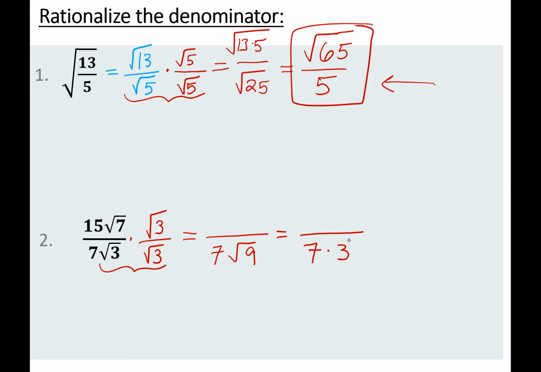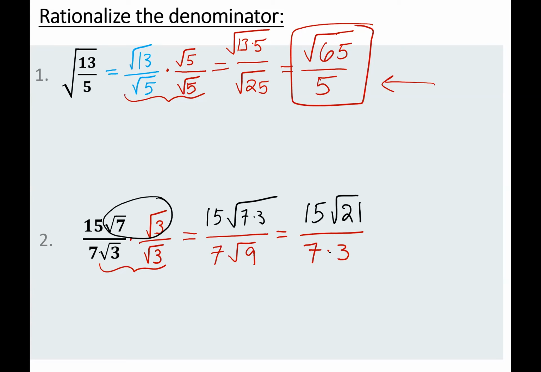Let's take a look at the numerator. 15 square root of 7 times the square root of 3. I just get to multiply those square roots together. 15 times the square root of 7 times 3. So that's 15 times the square root of 21, over 7 times 3.